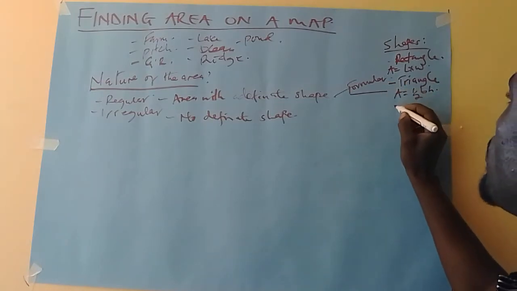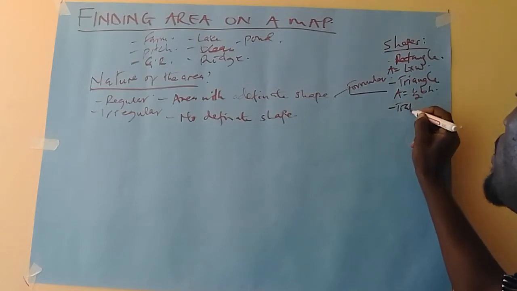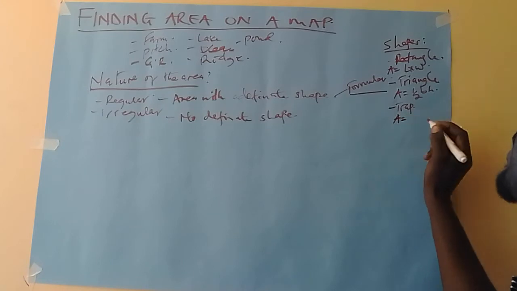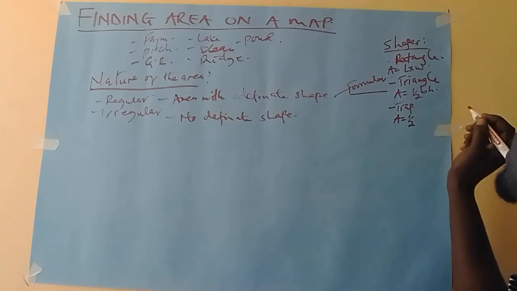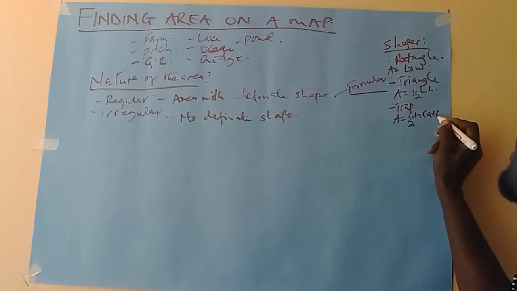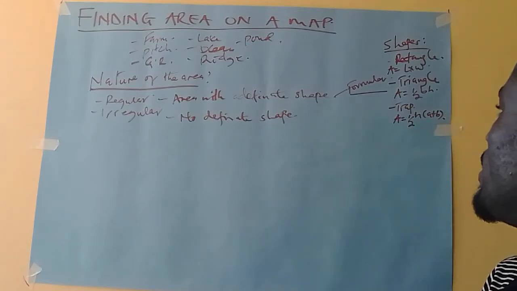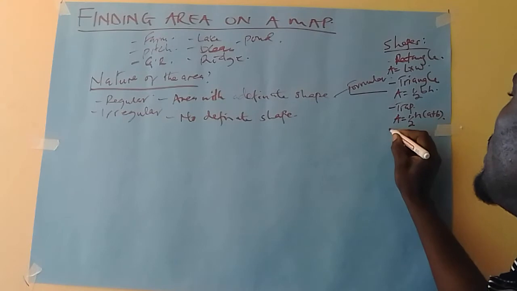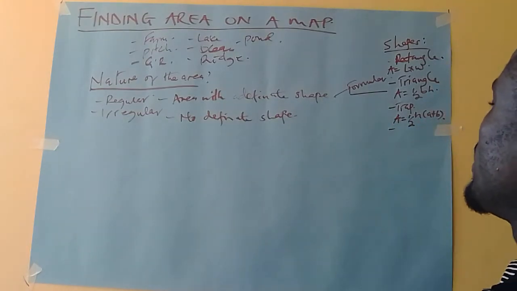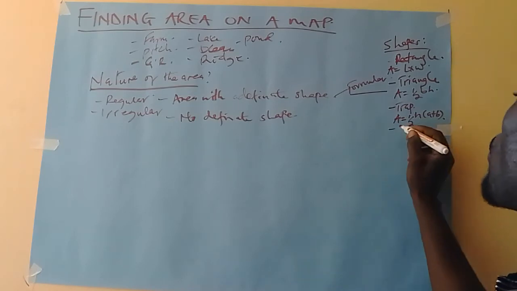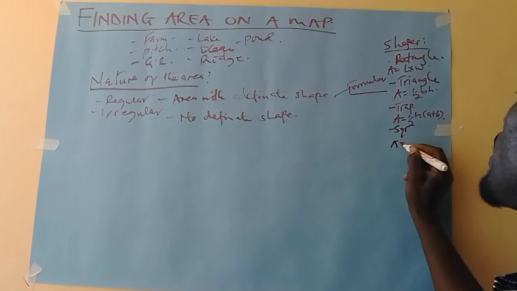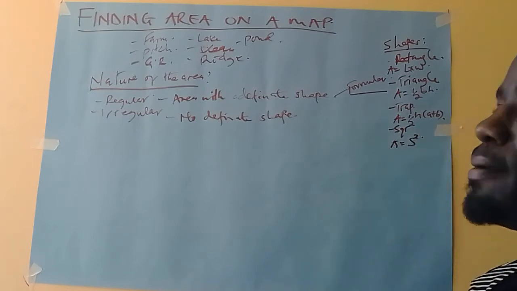It can be a trapezium, and we know that the area of a trapezium is a half h into (a plus b). It can be a circle, pi r squared. It can be a square, whereby the area of a square is s squared.